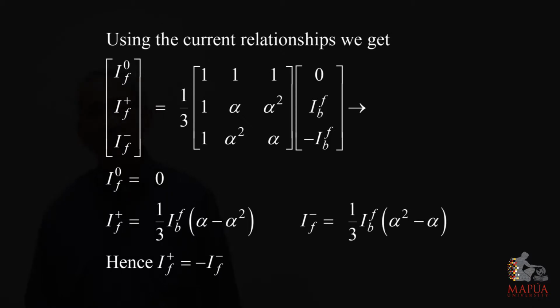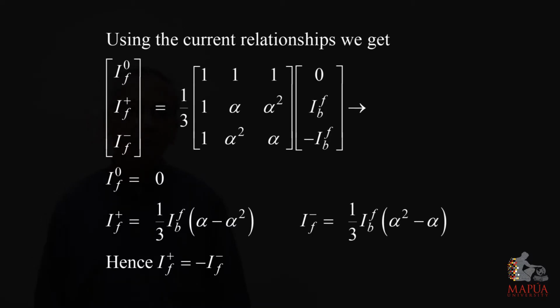Now, since IF0 is equal to 0, the negative sequence current at the fault is equal to 0, the positive sequence current at the fault is equal to 1/3 multiplied by the IB at the faulted point multiplied by the quantity A minus A squared. Whereas for the negative sequence, the fault is equal to 1/3 multiplied by the current IB at the faulted condition multiplied by A squared minus A.